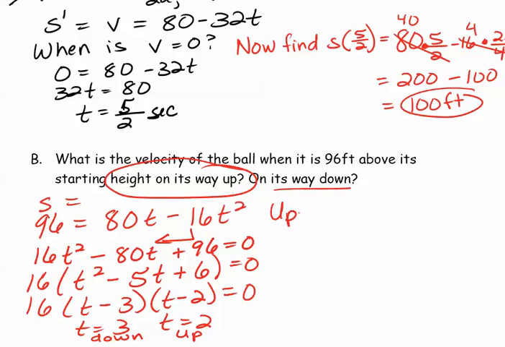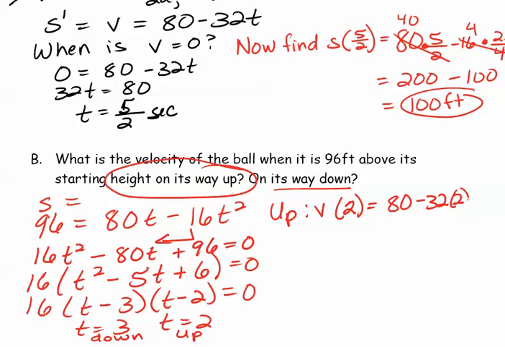On the way up, we want to find the velocity of the ball at time 2 seconds. That would be on the way up. So use your velocity function now, not your position function.